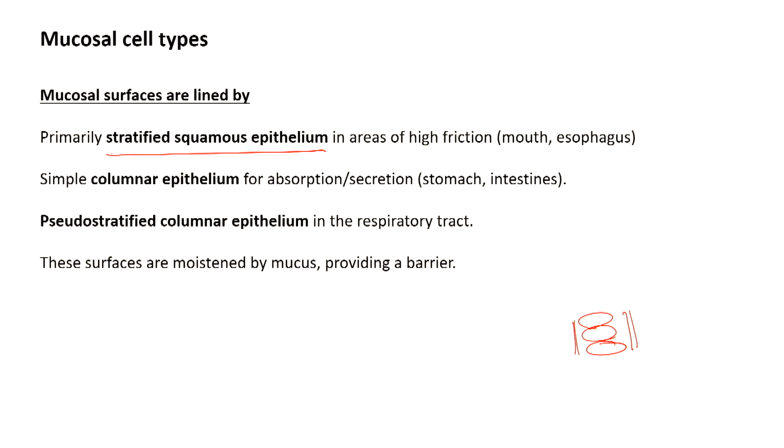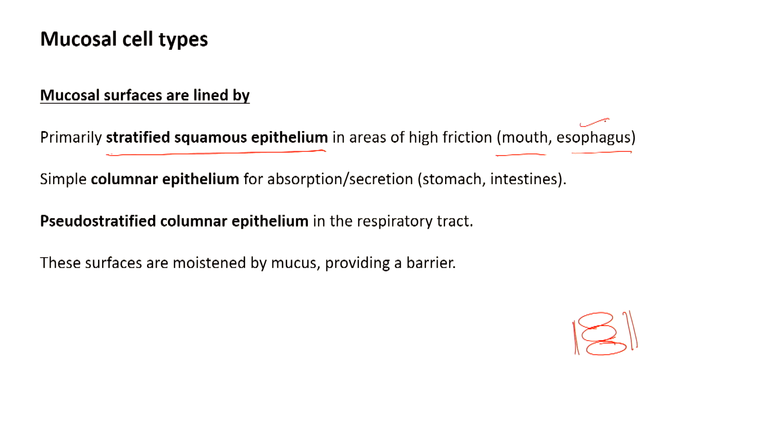These are generally the areas where you always see constant friction, such as the mouth and esophagus, because the mouth is taking the food particle, chewing it with the help of saliva, and is constantly in a frictional environment as compared to any other type. Esophagus is also a food pipe. So basically the food is passed through the esophagus and reaches the stomach, and without the friction, that's not possible.